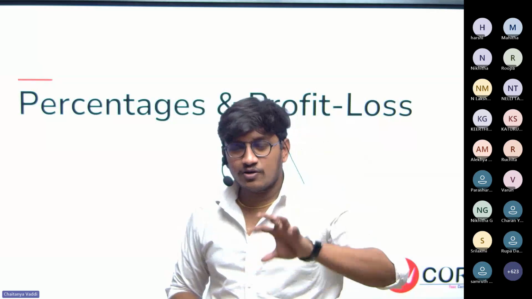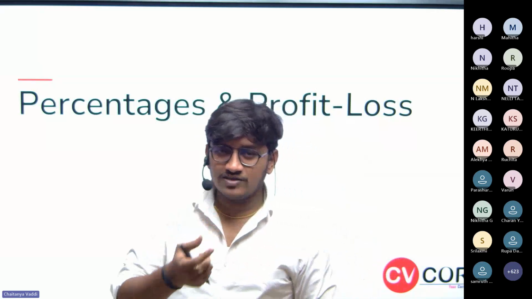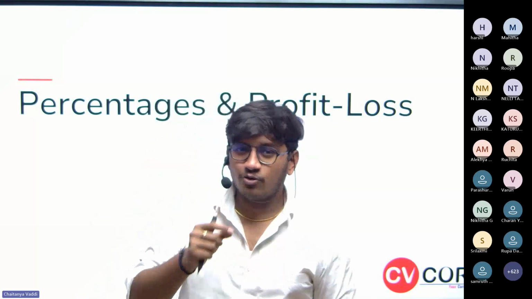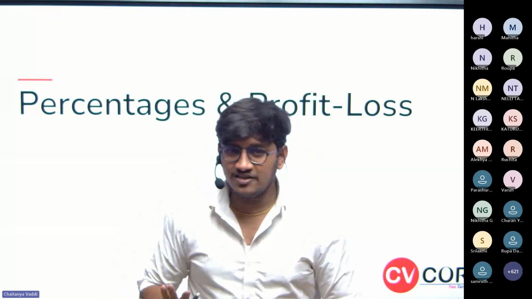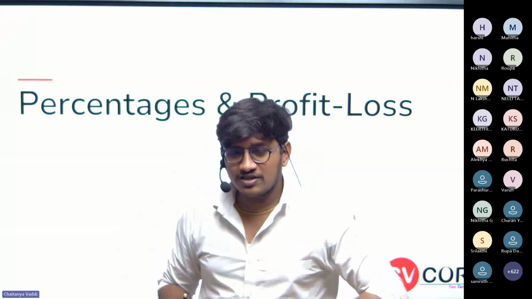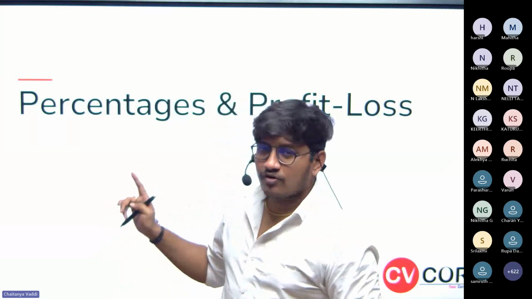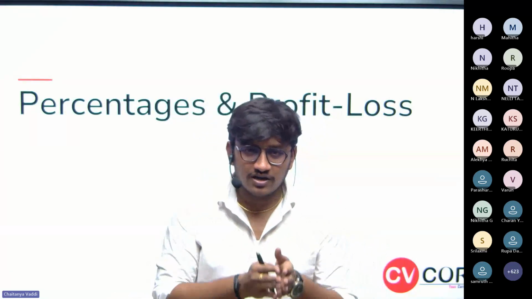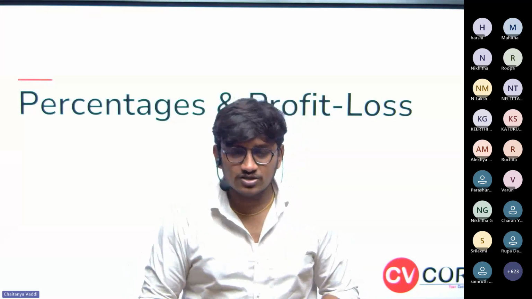Some questions were asked in the foundation round, which are very easy. And obviously, as I said, percentages and profit and loss are the topics where you will get questions in foundation as well as advanced. Minimum you can expect 4 questions in TCS, whichever slot you consider. You will get to know slowly after attempting. So in percentages and profit and loss, you will get a minimum of 3 to 4 questions. In the foundation round, questions might be from easy to medium level, so you can solve them.